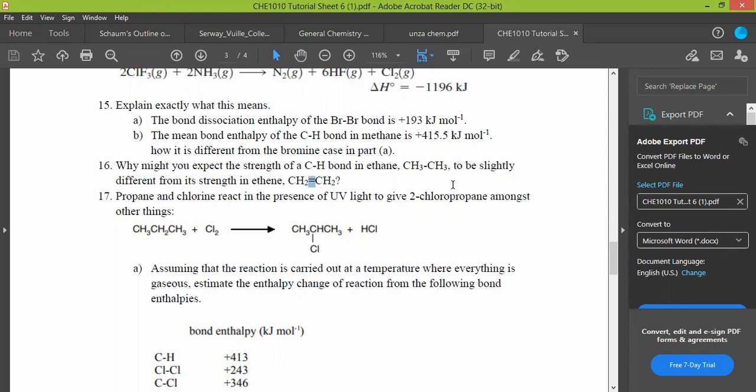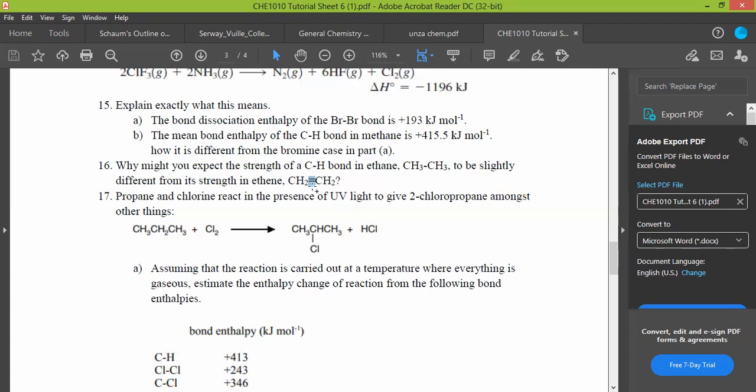If the bond distances are different, therefore, the bond strength is also going to be different. So this is where you expect the differences to be, because these two carbon atoms here are sp3 hybridized, meaning they are tetrahedral. These two carbon atoms here are sp2 hybridized, meaning they are trigonal planar.